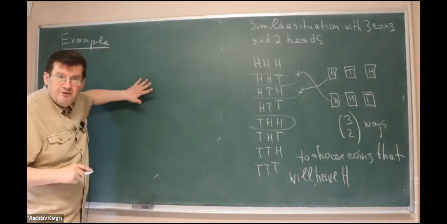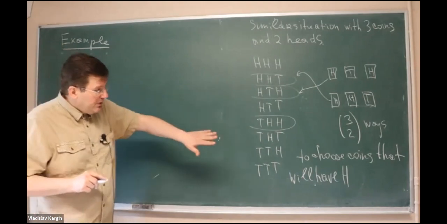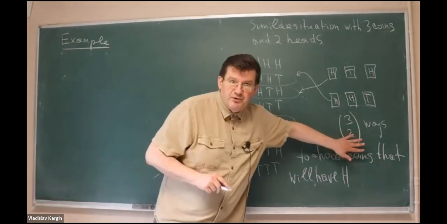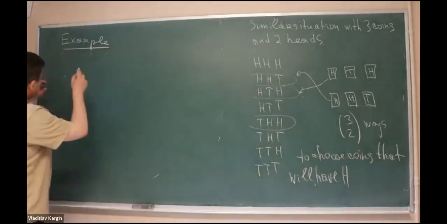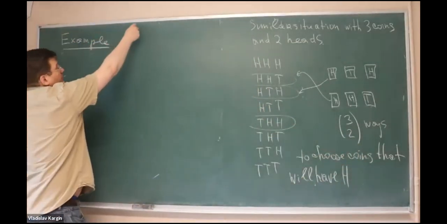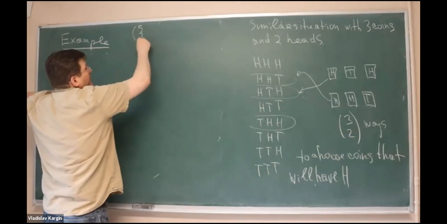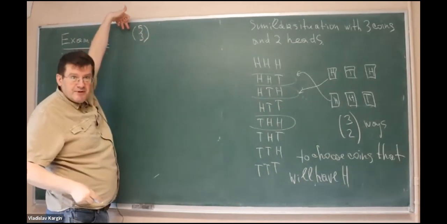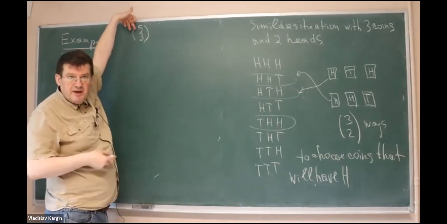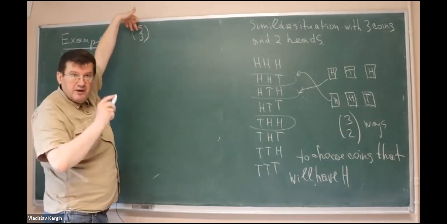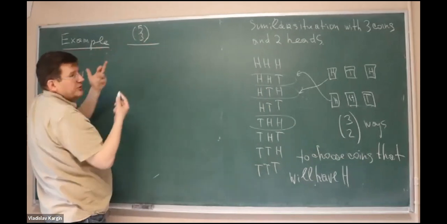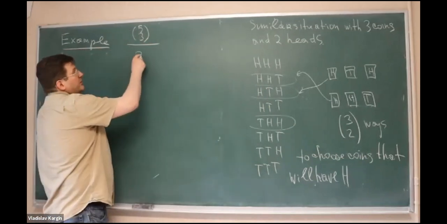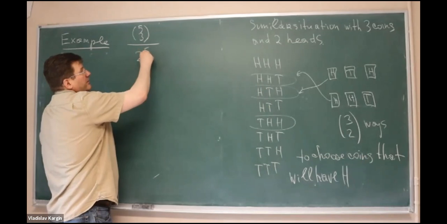Let me finish the previous problem, because we asked not just about the ways to get it, but about the probability. In that particular example, the probability would be 5 choose 3, the number of sequences of coins which have exactly 3 heads, divided by the total number, which we calculated was 2 to the power of 5.